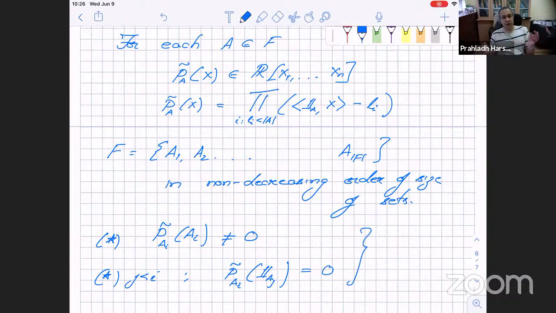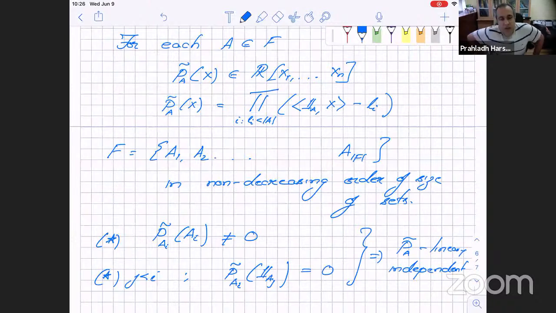And these imply that the P tilde As are actually linearly independent when viewed as functions. Because it cannot be the case that any one of them is a linear combination of the others: take the last one in the linear combination, that one will be a sum of the rest, and it cannot happen.